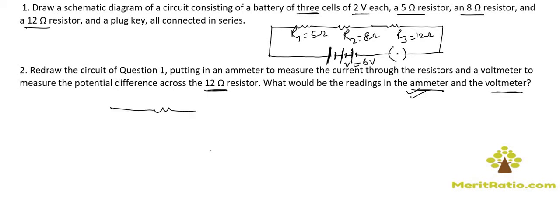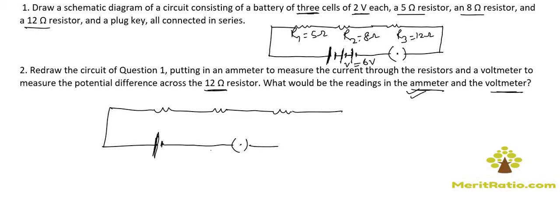There are 3 resistors. I'm just taking a battery having a value of 6 volt. Combination of cells is called a battery.